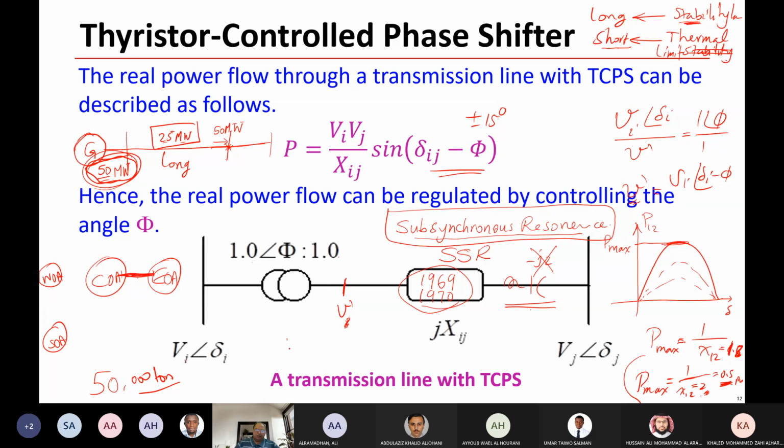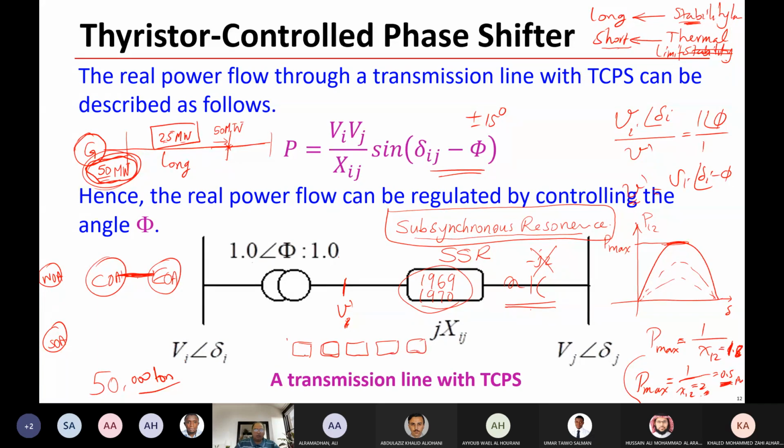This shaft can be several masses: the high pressure turbine shaft, the intermediate pressure turbine section, the low pressure turbine, the generator, the exciter.